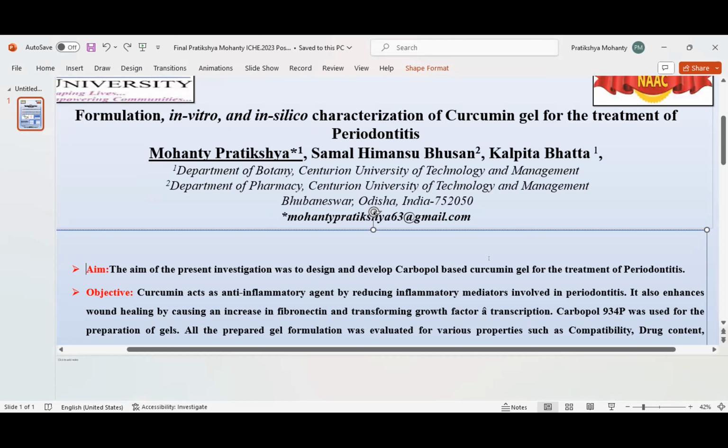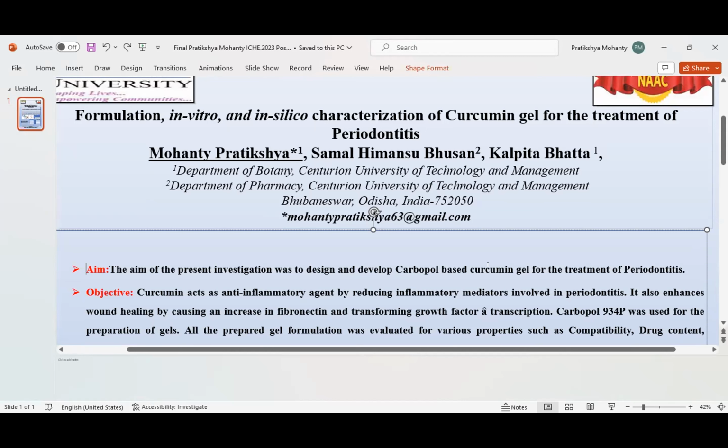Next, ma'am, the objective of my study. Here I use curcumin because, as we know, curcumin acts as an anti-inflammatory agent, because it increases fibronectin. Fibronectin is one type of protein which has activity for tissue regeneration or tissue formation.